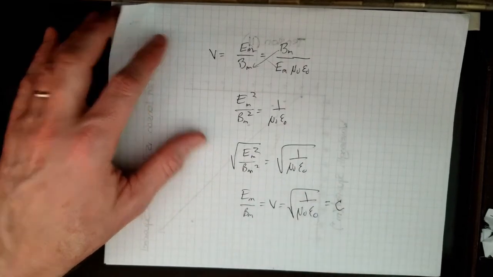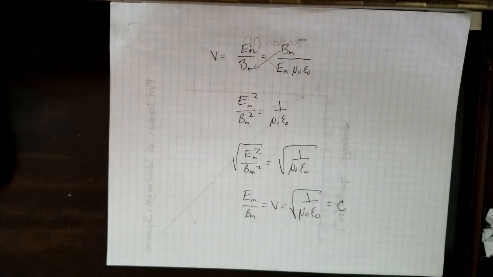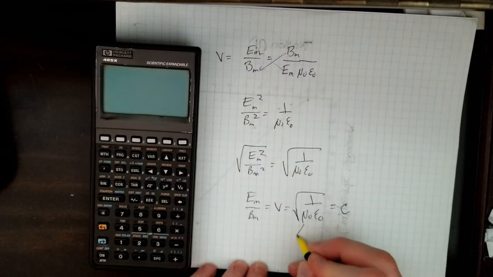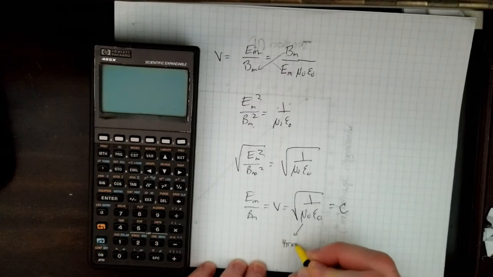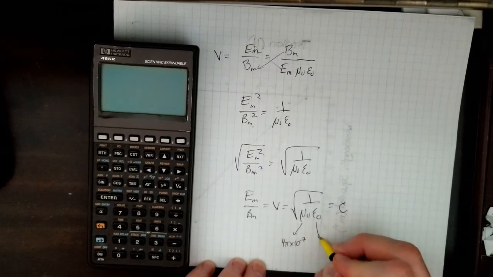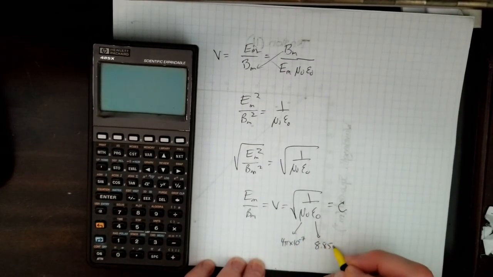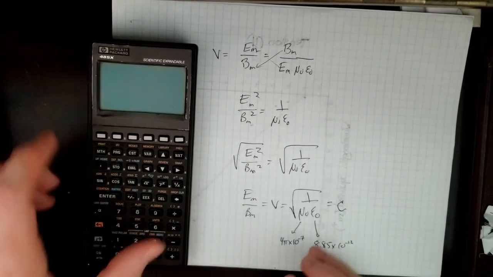So Maxwell went through the calculations, and we can do some crude calculations right here. Mu sub naught is, in SI units, 4 pi times 10 to the negative 7th. Epsilon sub naught is 8.85 times 10 to the negative 12th.